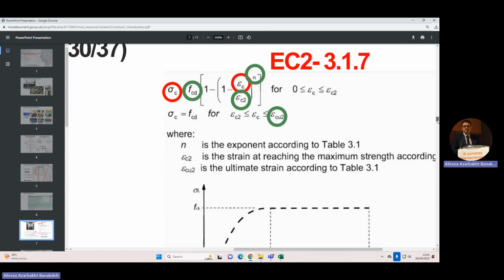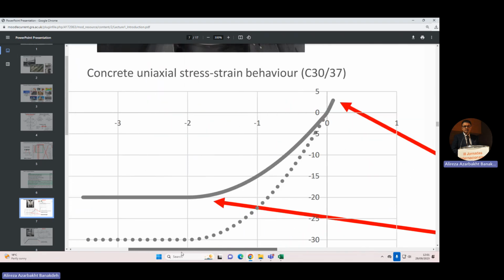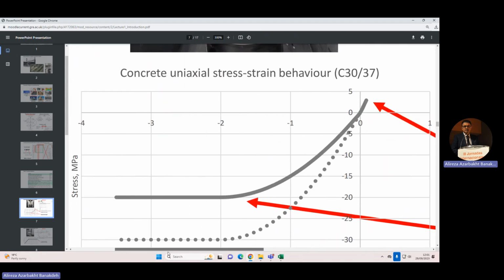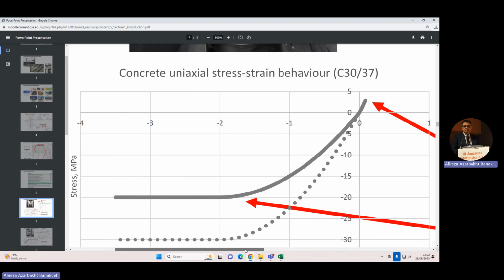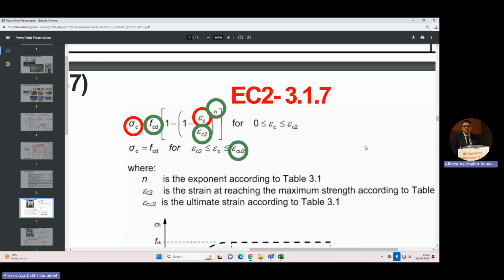You know the N? No, it's not correct. You should get minus 20 or minus 30. So I got something like minus. Did you multiply it by 30?